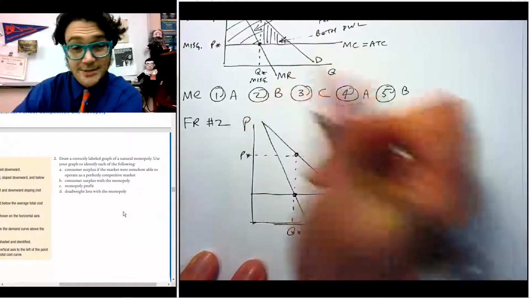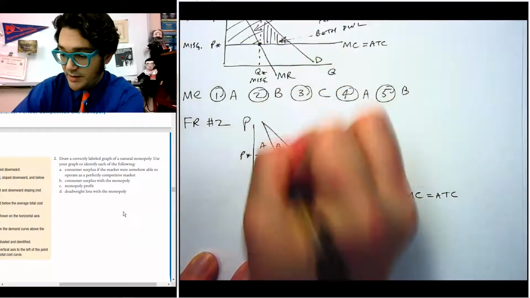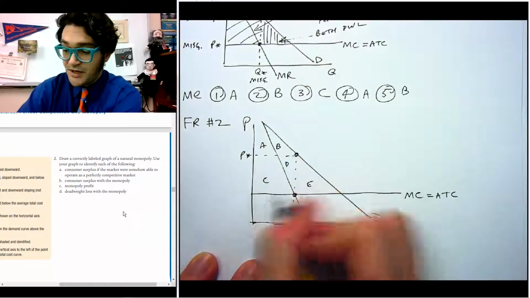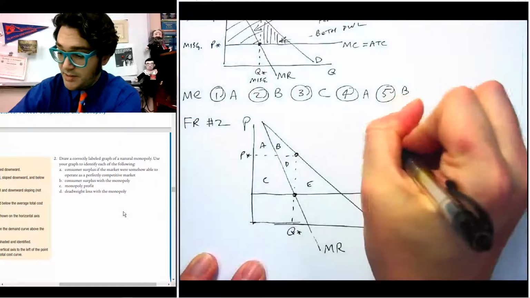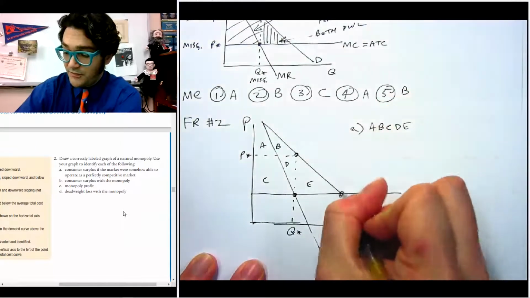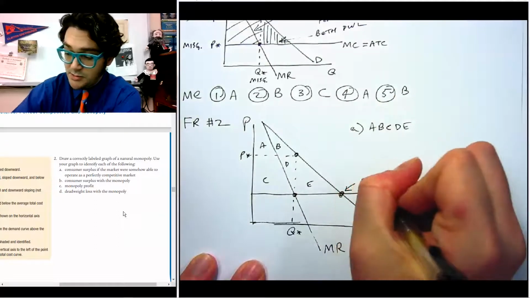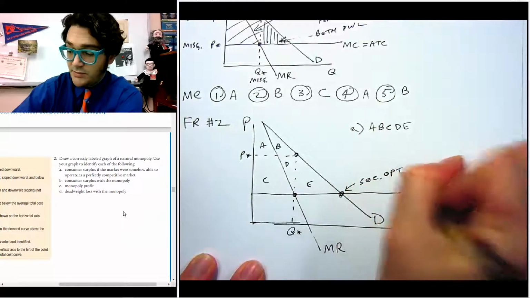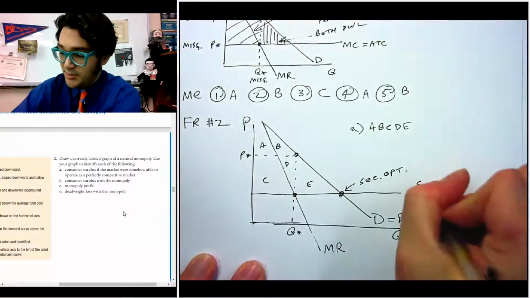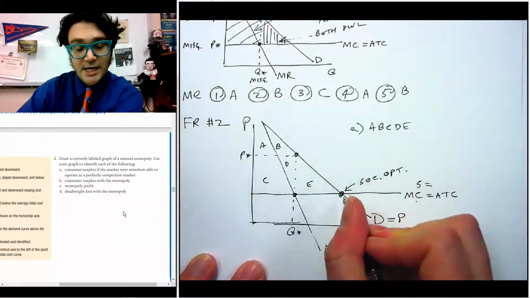Consumer surplus if the market were able to operate as perfectly competitive. I'm just going to use some letters: A, B, C, D, E. These five areas, A, B, C, D, E, would all be consumer surplus if they were perfectly competitive, because this is the socially optimal point. Remember that where marginal cost equals the price, or where supply equals demand, is the socially optimal point.